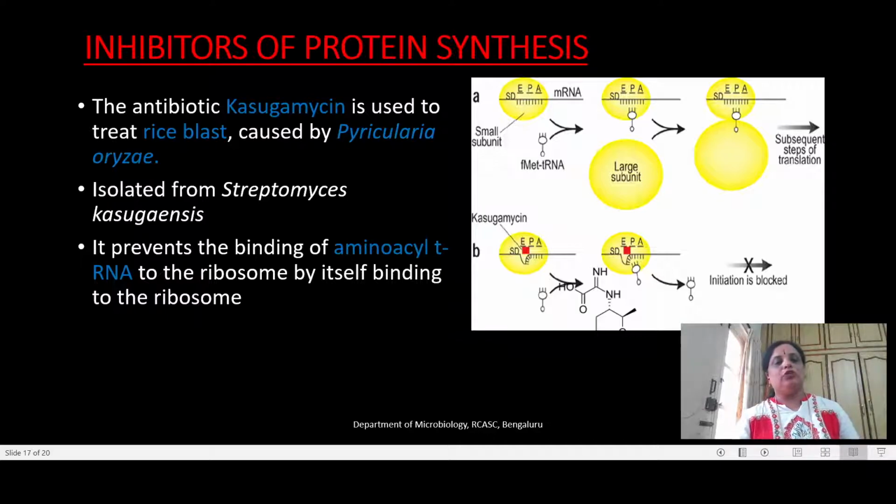So this is how this antifungal agent inhibits the growth of Pyricularia oryzae: it binds onto the ribosome, blocking the site of the amino acid tRNA, which was supposed to bind and start the initiation of protein synthesis. So this is about the mode of action of kasugamycin.